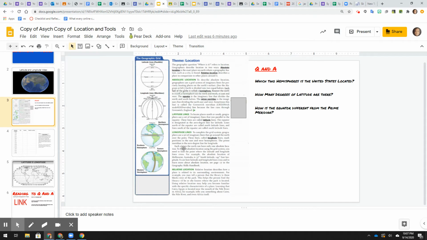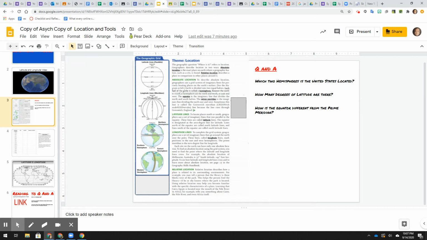We have also talked about the different hemispheres of the Earth, and that if we were to cut the imaginary line of the equator in the world, we would have the northern and southern hemispheres. And the same is true between prime meridian. So we'd have the eastern and western hemispheres.